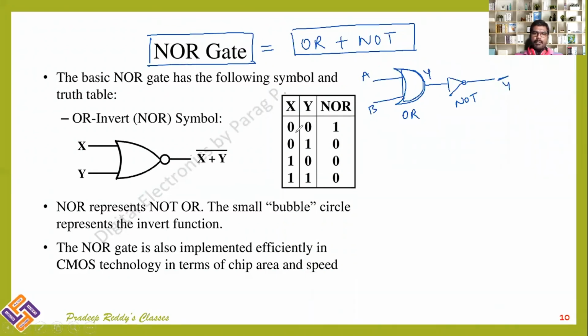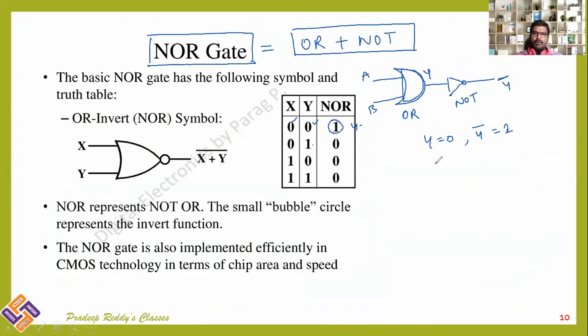For example, you are providing input 0 and 0. What is the OR logic? OR logic is that if both the inputs are low, output will be low. So 0 and 0 is given, Y will be equal to 0, and Y complement will be equal to 1. That's the reason why here it is 1.